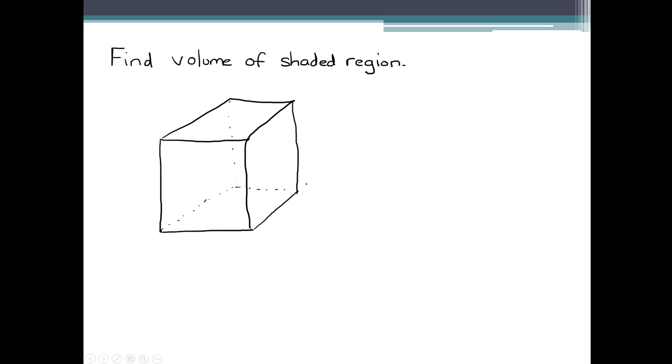Okay, we have this box, and I'm told that it's 3 feet by 3 feet by 4 feet. So apparently the bottom's a square. The base is a square, the height is 4 feet. It's a rectangular solid. Then inside of this rectangular solid is a pyramid whose height is the same as the height of the box.